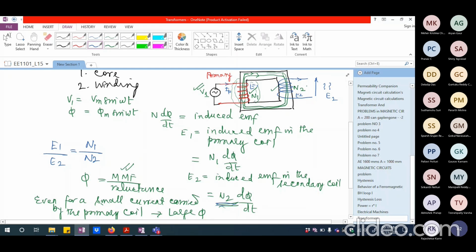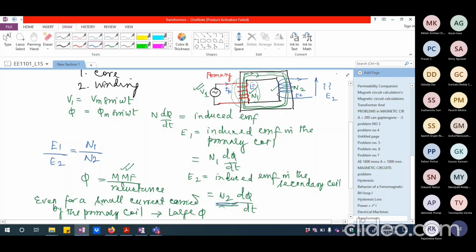If I put a larger number of turns in the secondary as compared to the primary coil, I'll get a step up action as far as the secondary is concerned. If I put a smaller number of turns in the secondary coil, I'll get a step down action as far as the voltage is concerned.